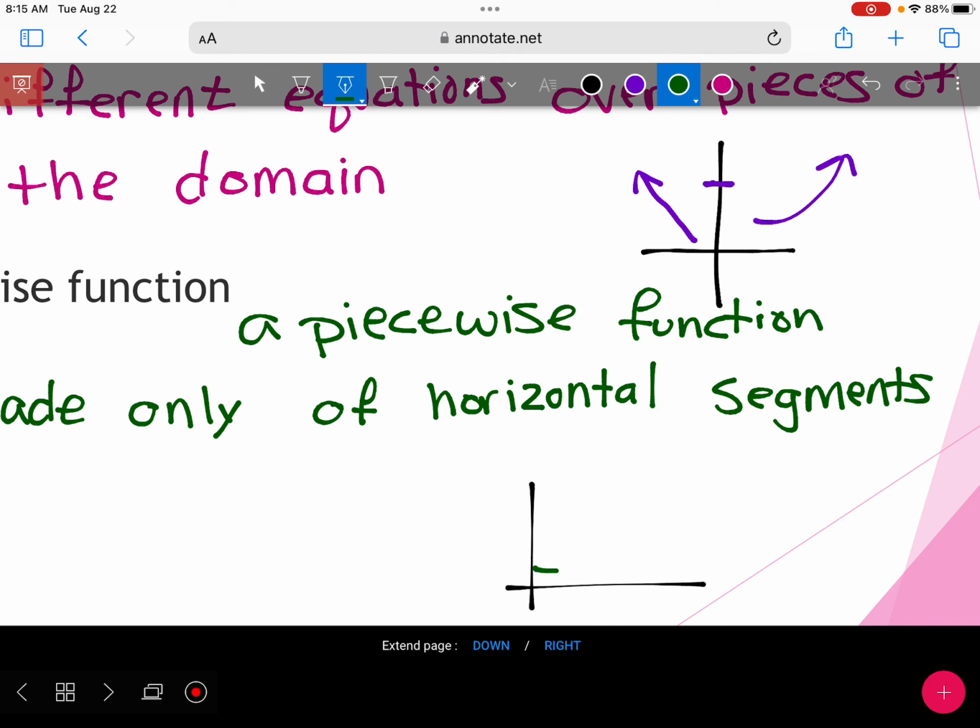So a stepwise function looks literally like stairs. Horizontal segments only.